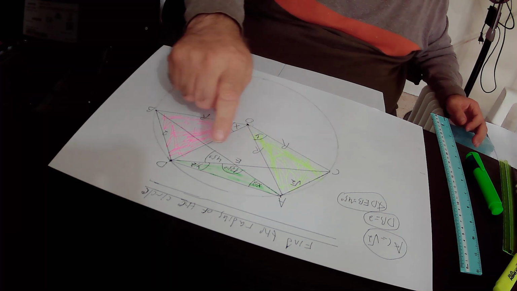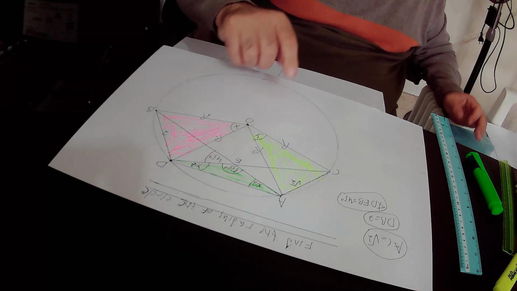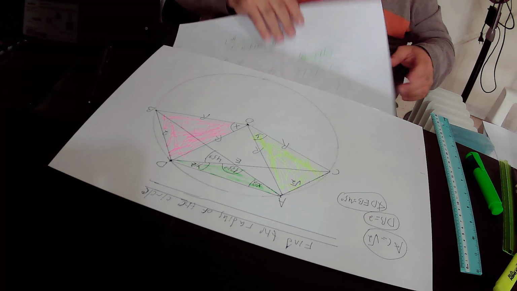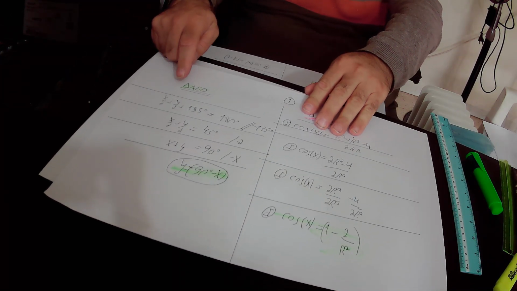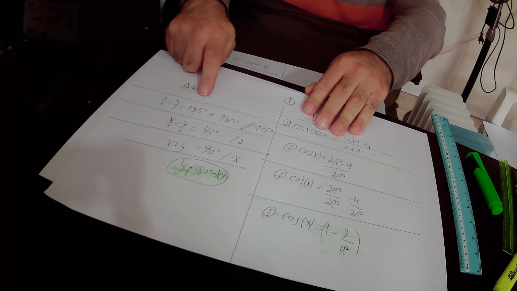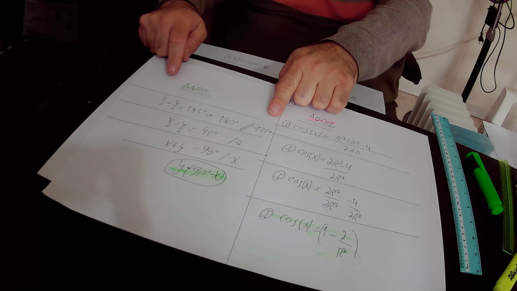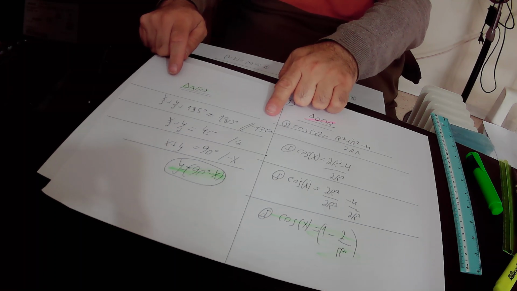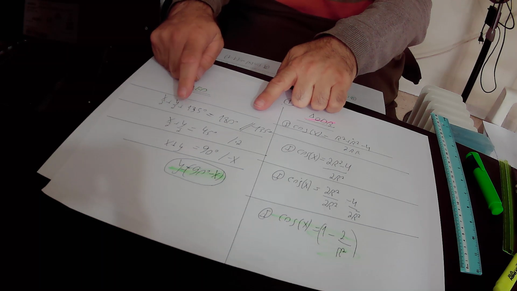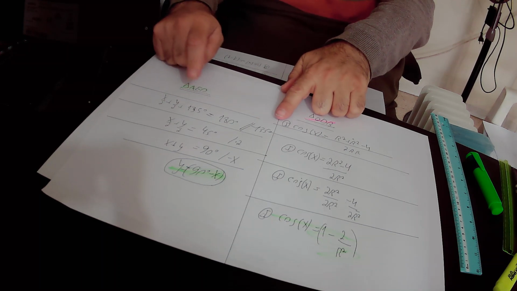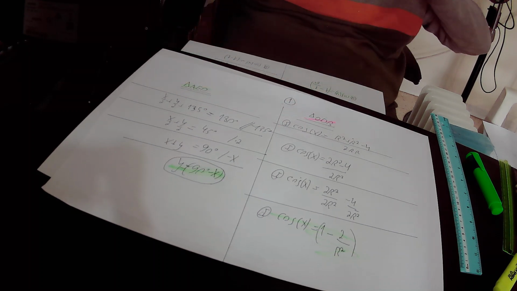We have x over 2 plus y over 2 plus 135 degrees, which must be equal to 180 degrees. We subtracted 135 degrees from this equation and found that x over 2 plus y over 2 equals 180 degrees minus 135 degrees, which is 45 degrees.